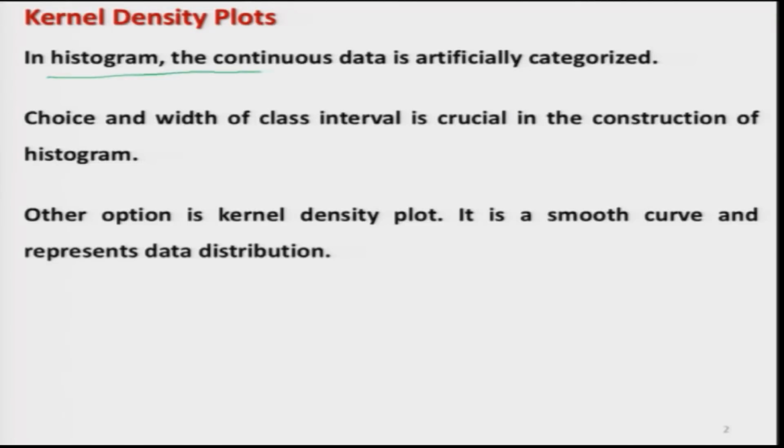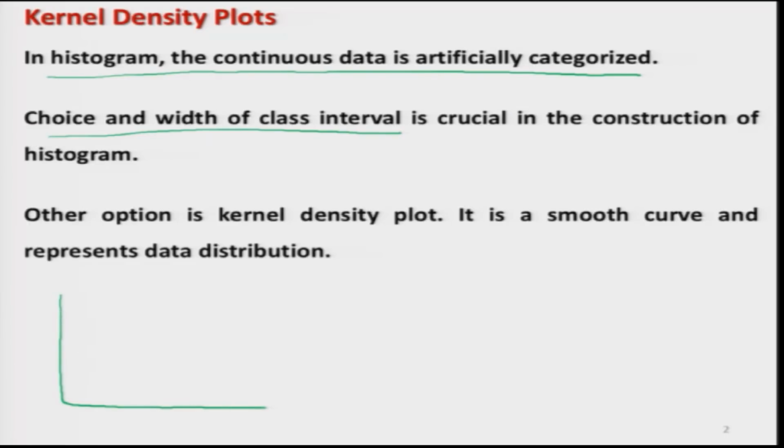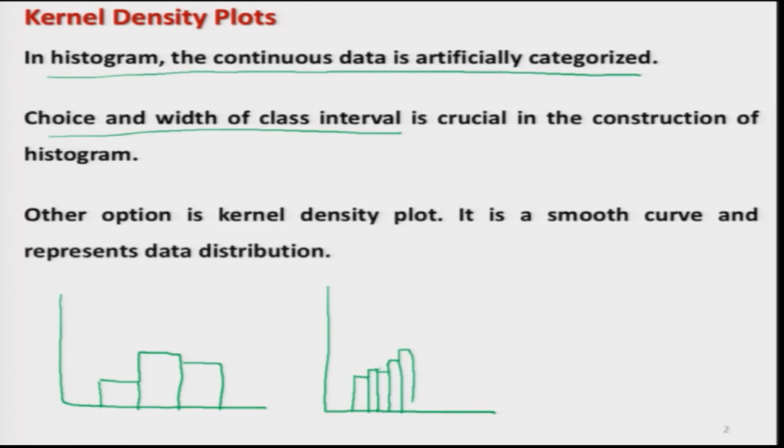In case of histogram, the continuous data is artificially categorized into different class intervals. The choice and width of the class interval is very crucial in the construction of a histogram. For example, you may recall that if you have data, the histogram may look like this, or the alternative is this, that if you make the width of the bars smaller, then it may look like this, and so on.